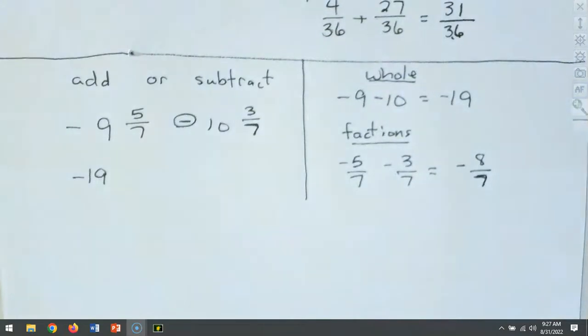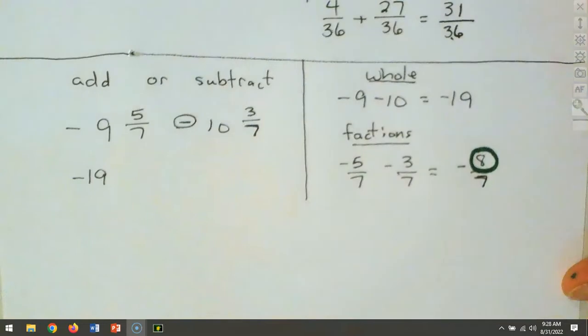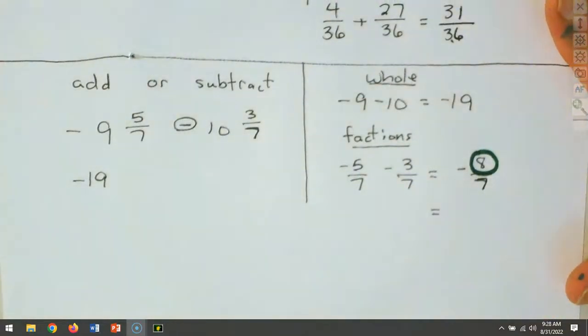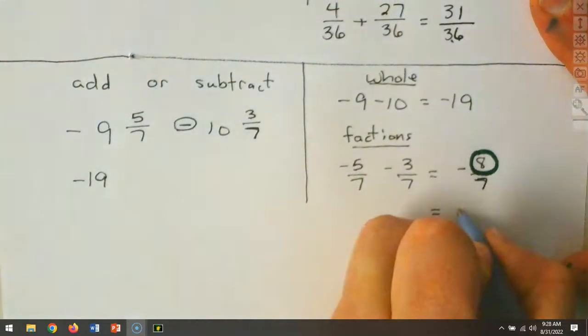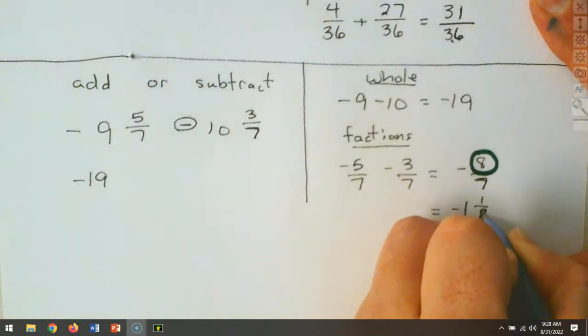We need to make this a mixed fraction because we want our answer as a mixed fraction. Because minus 7/8 is not correct as it is, because what do we know about the 8 and the 7? The 8's on the top and the 8 is larger. So we can rewrite this as a mixed fraction, and we can rewrite this as minus 1 and 1/8.